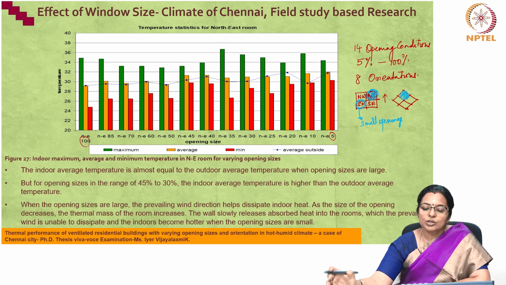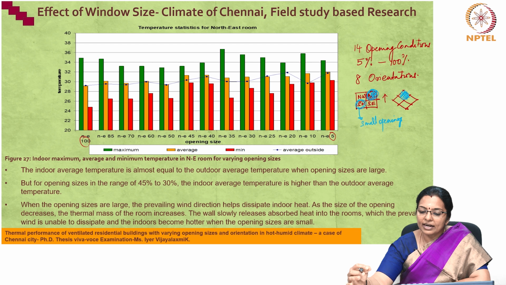So, this study was completely done using field based data. Indoor air temperatures in all the 8 rooms were measured using instruments for continuous periods during the summer time in Chennai.